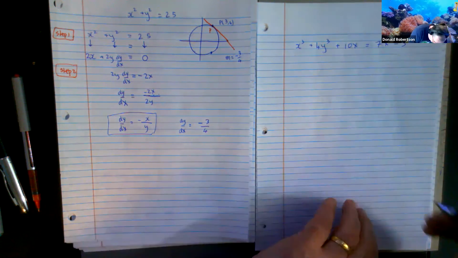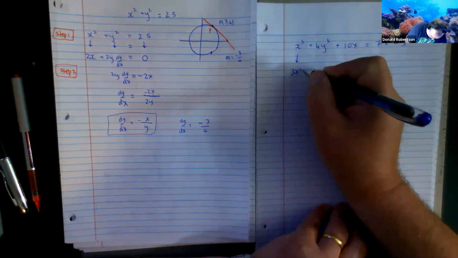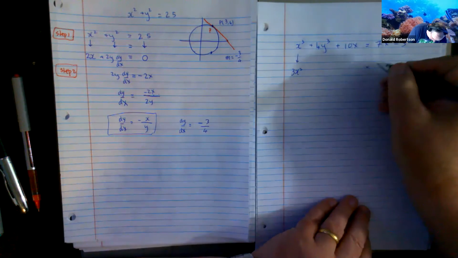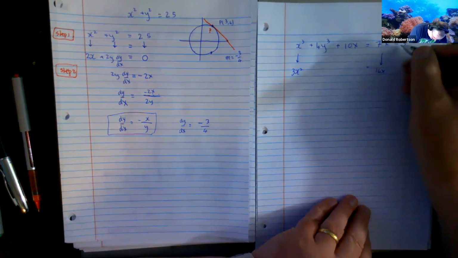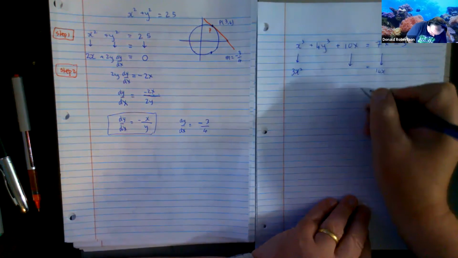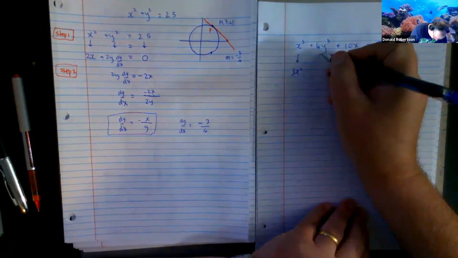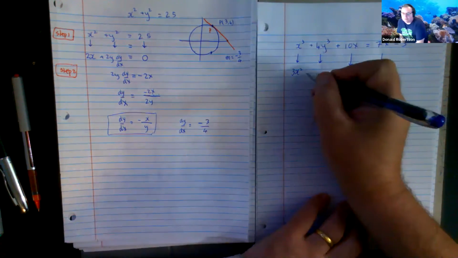Now, differentiate 3x squared. Differentiate 14x. If you differentiate that, you get nothing. If you differentiate 10x, you get 10. And the only guy that I really think we need to worry too much about is the 4y cubed guy.